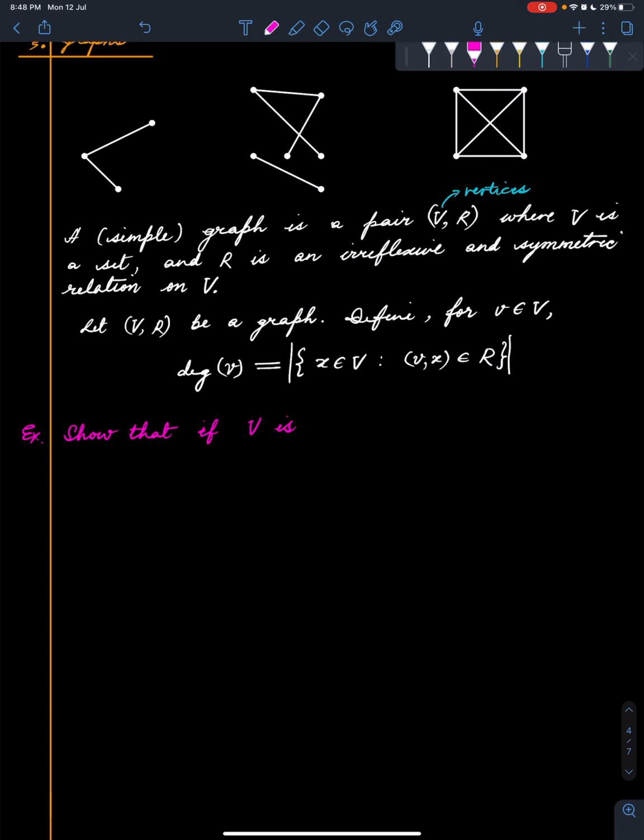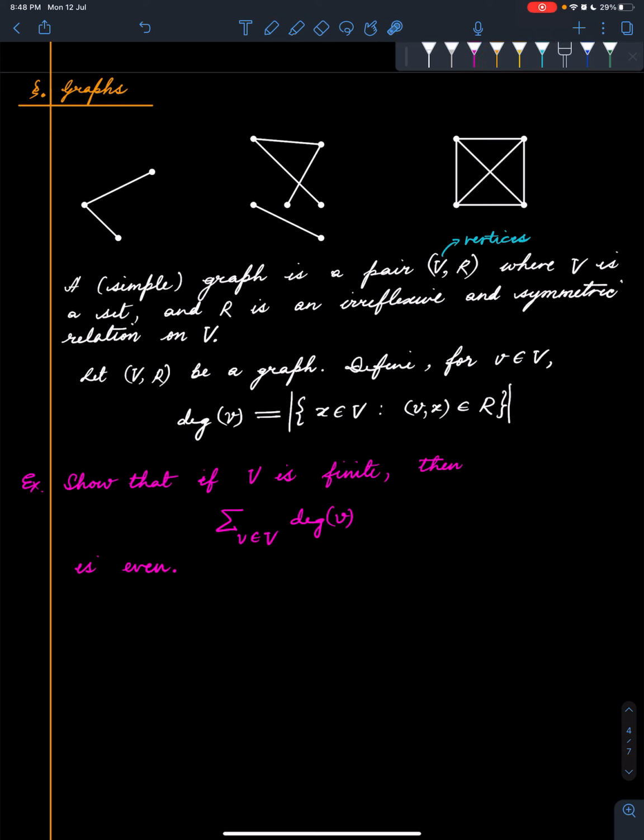I mean, generally when we say graphs, we mean finite graphs, but it's not necessary that one deals with only finite graphs. So show that if V is finite, then this quantity, the summation of all the degrees, is even.